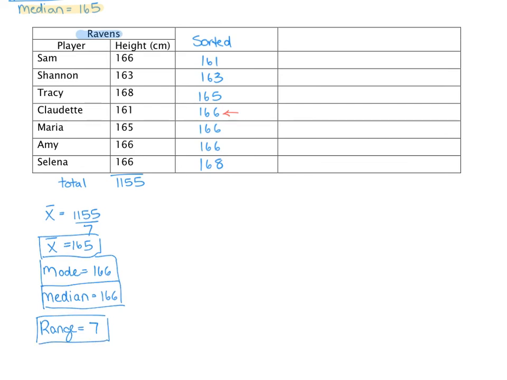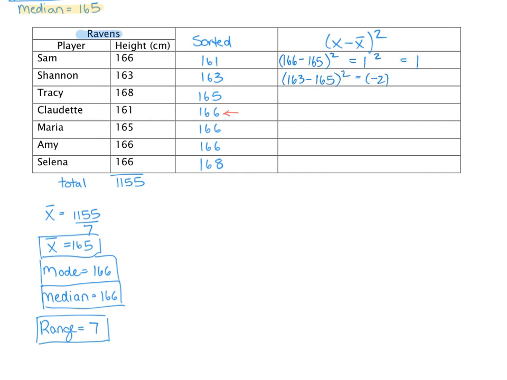And then I'm going to go on to our standard deviation. Easier to do this one in your head. So for the first one, for Sam, I'm going to take 166 minus the mean, which is 165, squared, which is just 1 squared, which is 1. Shannon, 163 minus 165 squared.